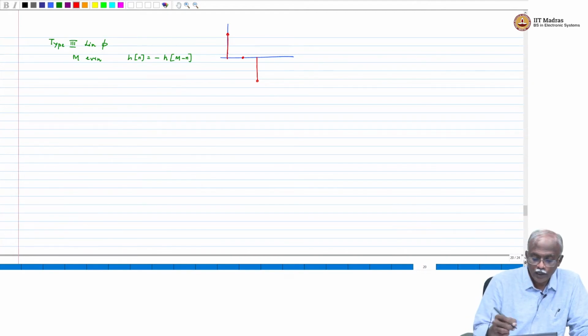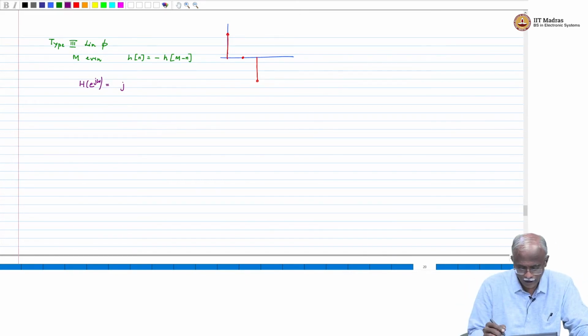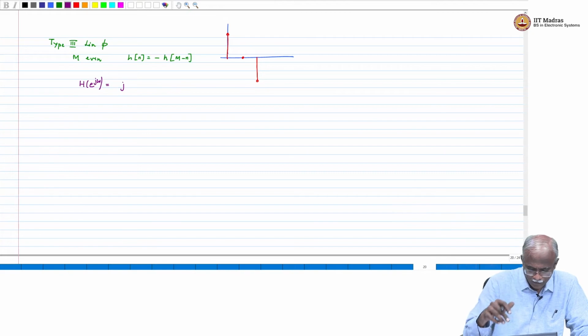Okay. So, given that, can we look at what is the expression for H_E of j omega? H_E of j omega will have the j term, because now we are looking at odd symmetry, and that's how the odd sequences will have a factor of j in their phase term. e to the power minus j omega m by 2, and the real part will be the sum over k equal to 1 through m by 2.